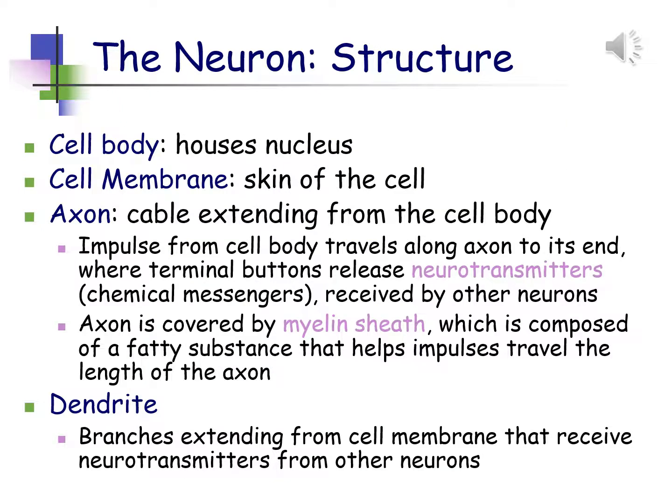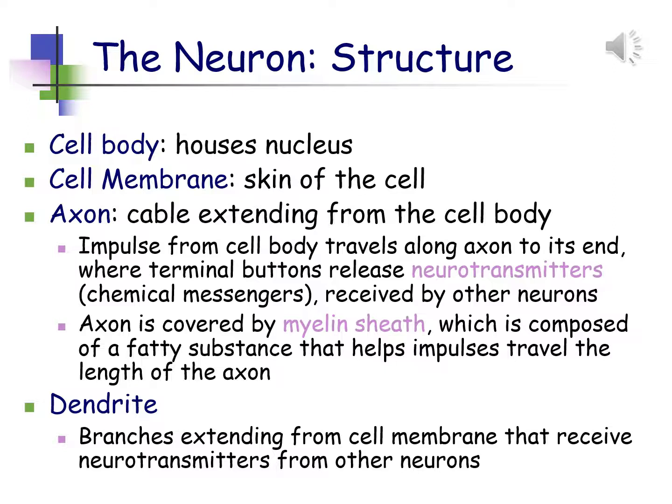Moving right along, I want to talk a little bit about the neuron's structure. The cell body, as you saw, houses the nucleus, and it is basically the neuron's metabolic center. It provides the energy for the cell. The cell membrane is just the skin of the cell.